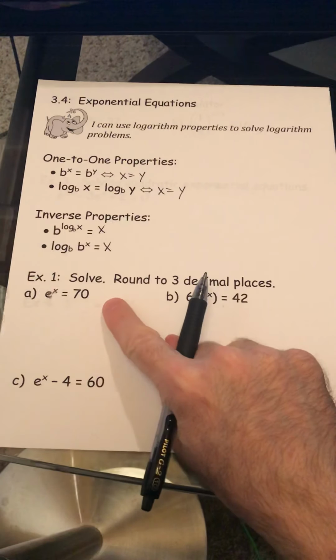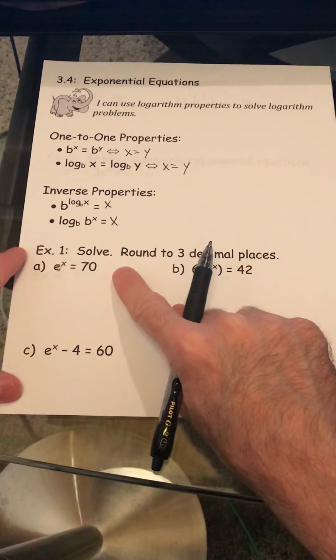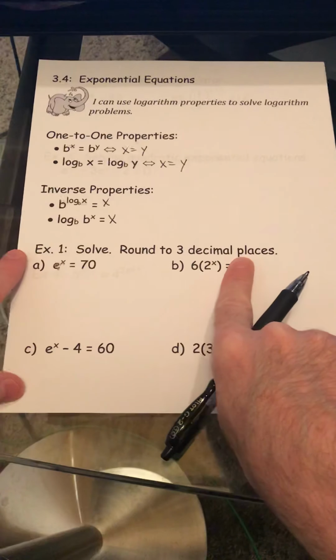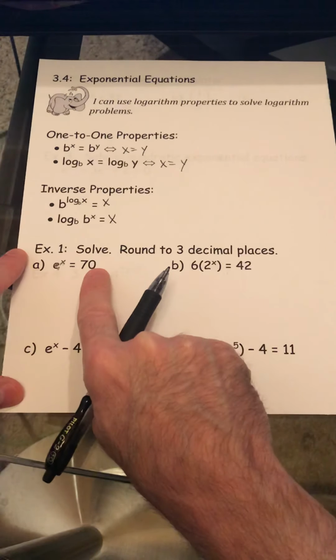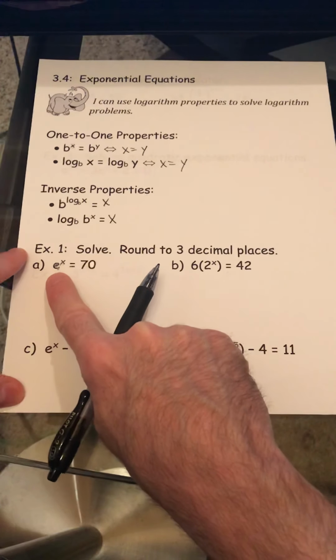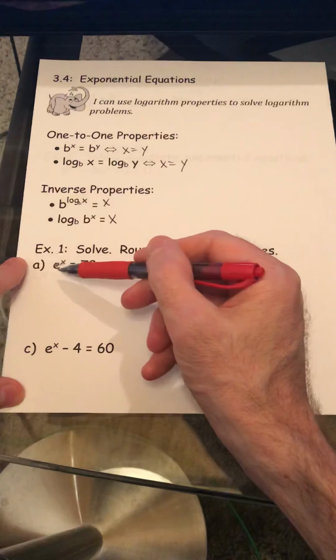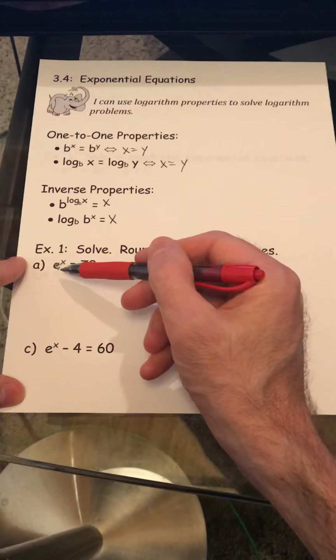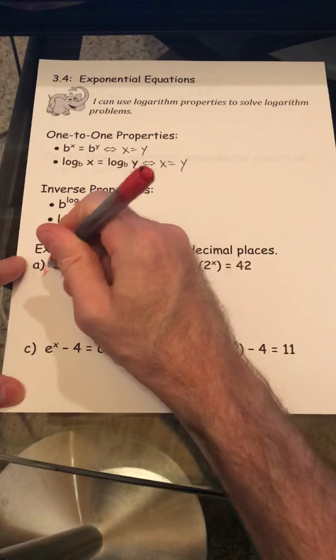Now, as far as solving a variety of exponential equations, notice the instruction to round to 3 decimal places. If we have e to the x equals 70, we are solving for x. We need to get rid of e. The only thing that we can use to get rid of e, the exponential base, is natural log.